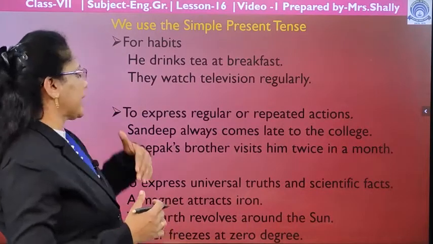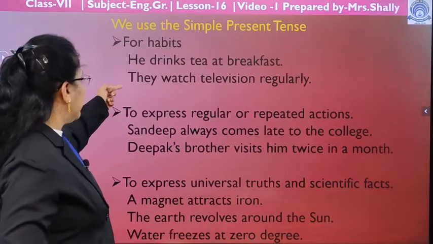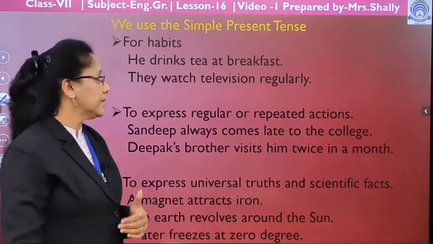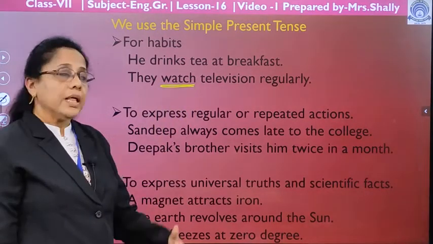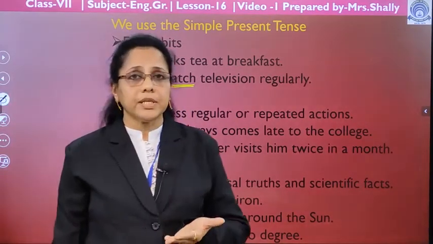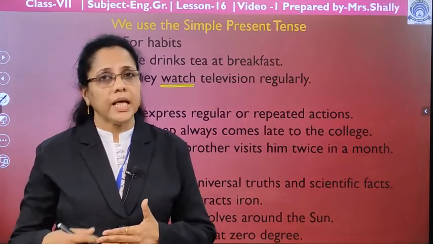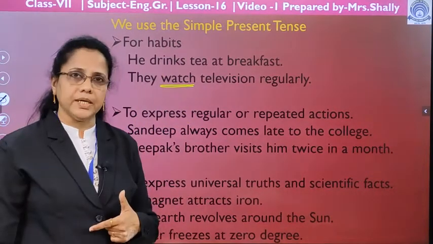To express such action, we must use simple present tense. Then, they watch television regularly. Here also you can see the base form is used. They watch, that is a habit. They watch television regularly. That is their habit. So that is expressed in simple present tense.